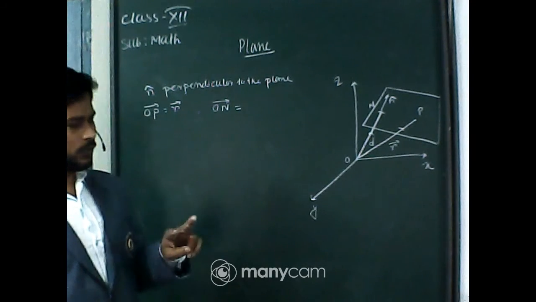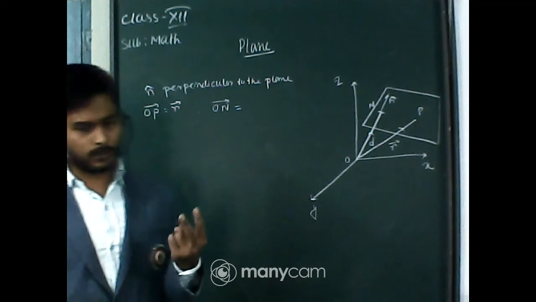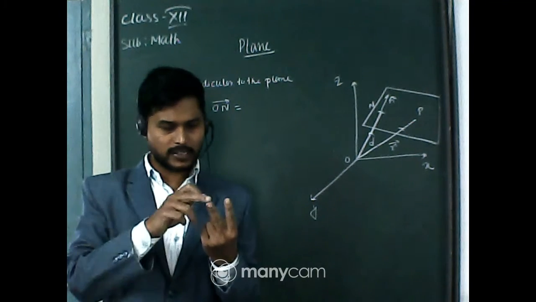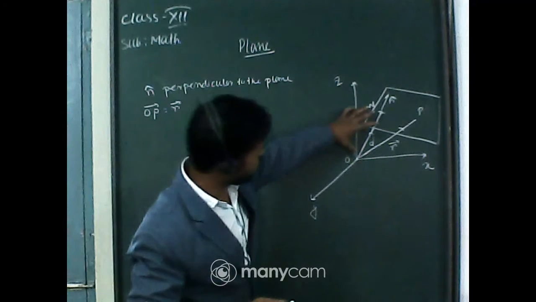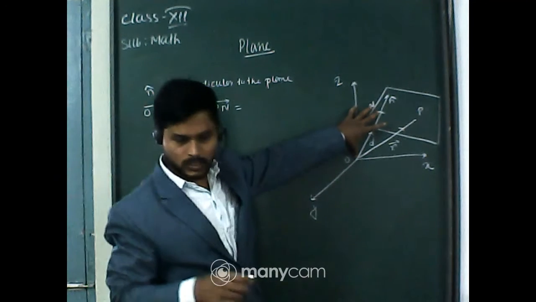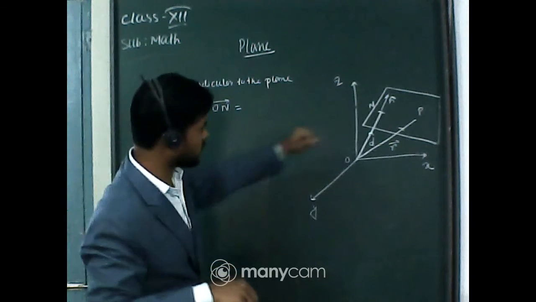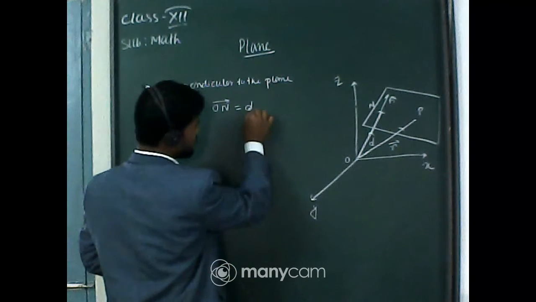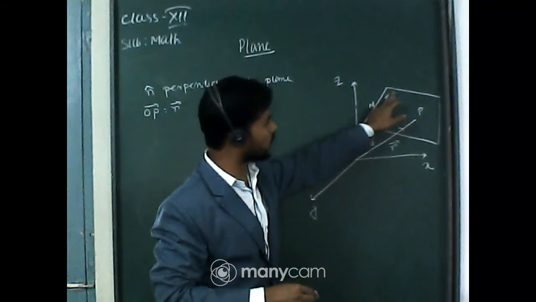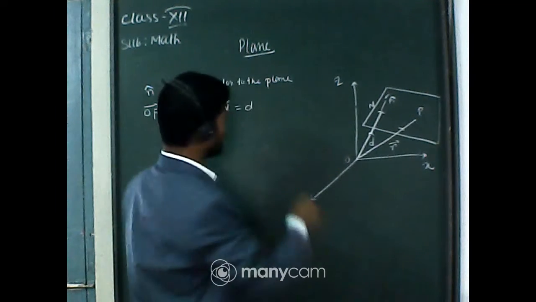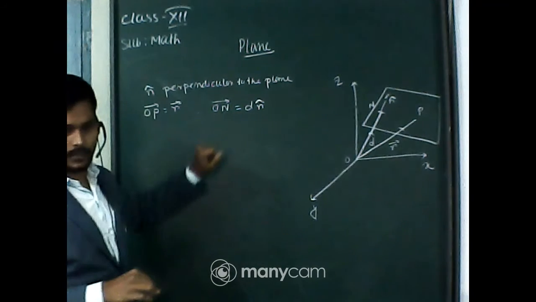Look, any vector can be represented by two things: one is its magnitude and one is its direction. What is the magnitude, the length of the line ON? Obviously this is d. And the direction of the line is n vector, so d n vector is the ON vector.